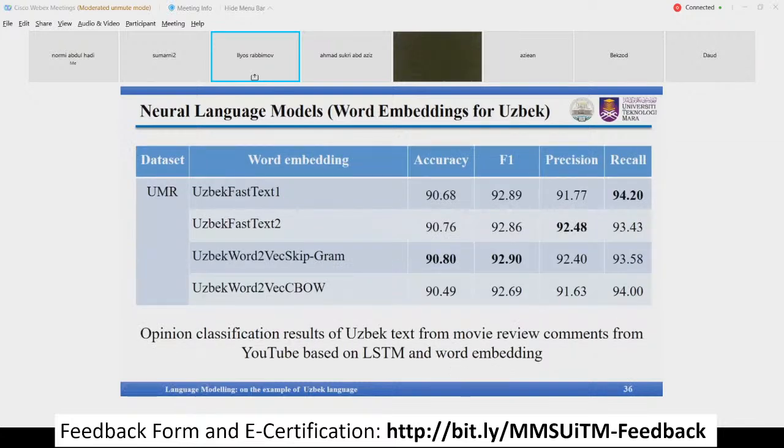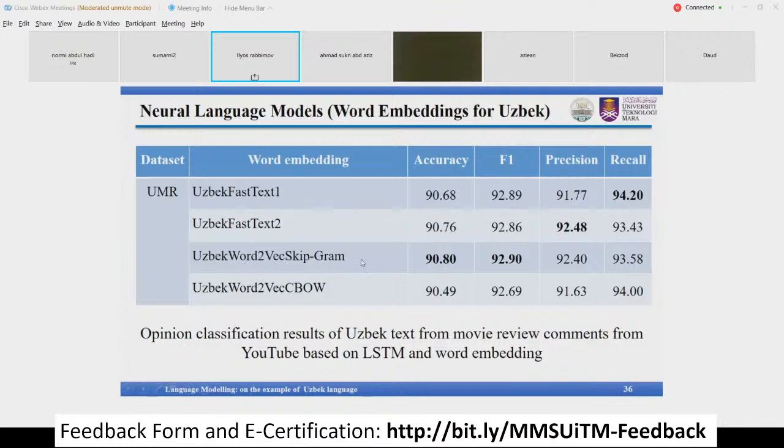As mentioned before, language models are used in many NLP tasks, particularly opinion classification, text classification, and sentiment analysis. We used this language model for opinion classification of Uzbek text.